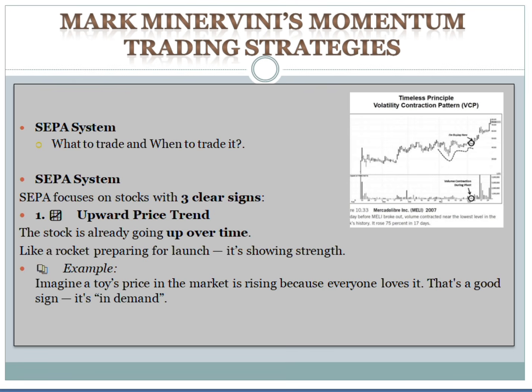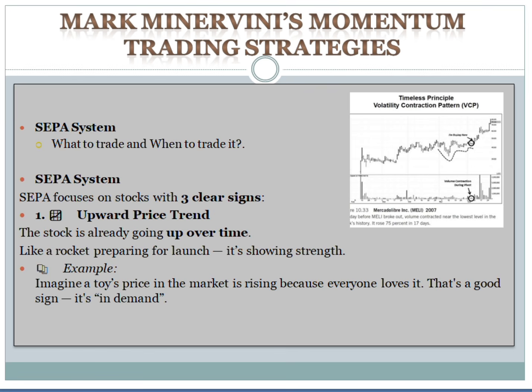Number 1, upward price trend. The stock is already going up over time. You can see on the chart attached to this slide a successful VCP pattern which was traded by Mark Minervini himself.